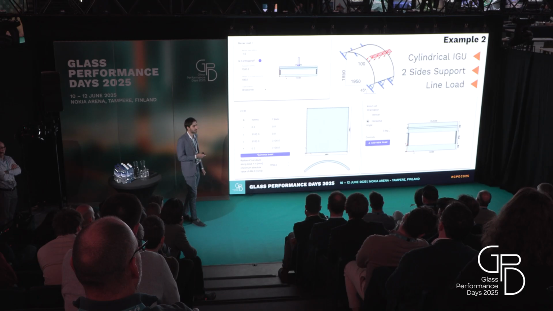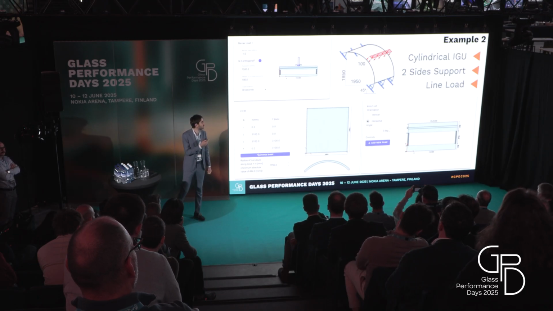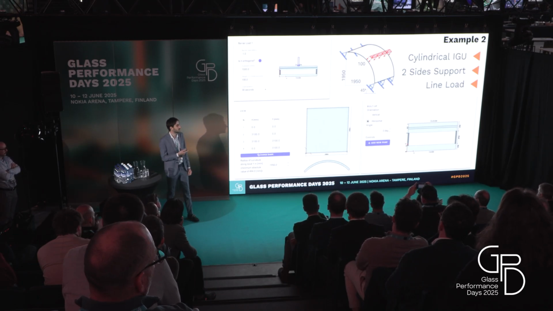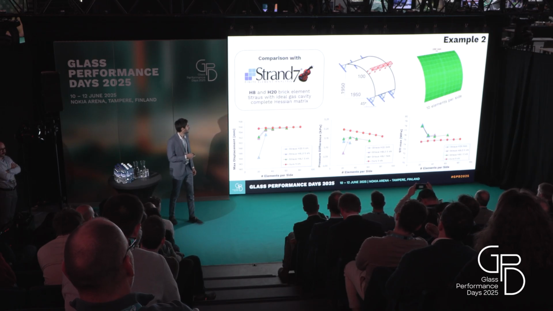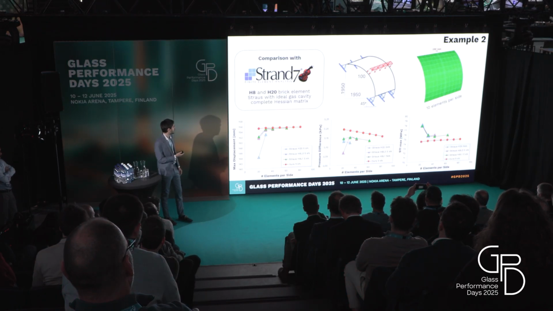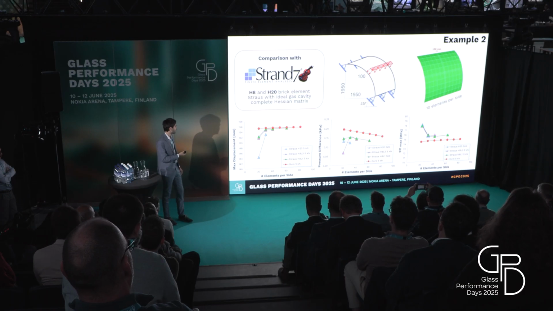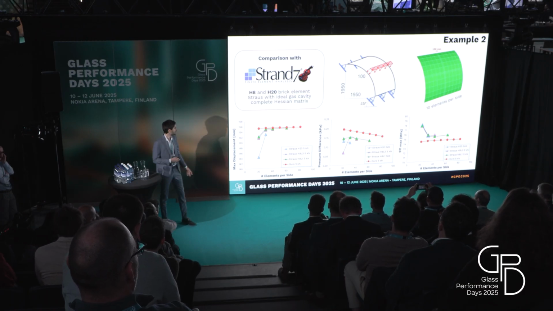Here's a second example with the curved IGU with the line load, and you see here the results again are very similar to that of Strand7 for maximum displacement, pressure, and maximum principal stress.